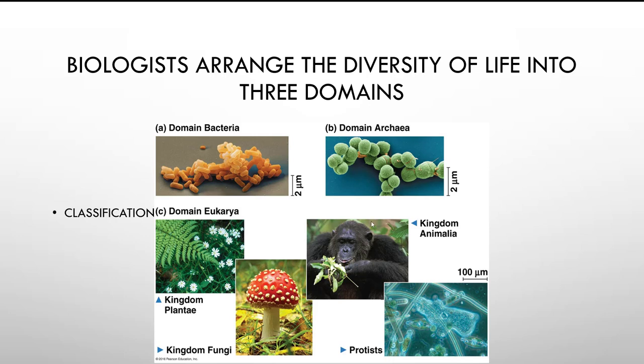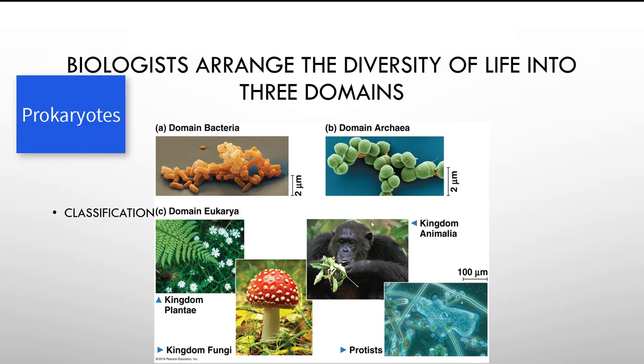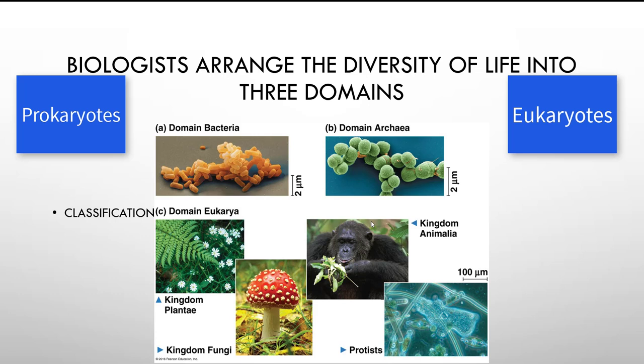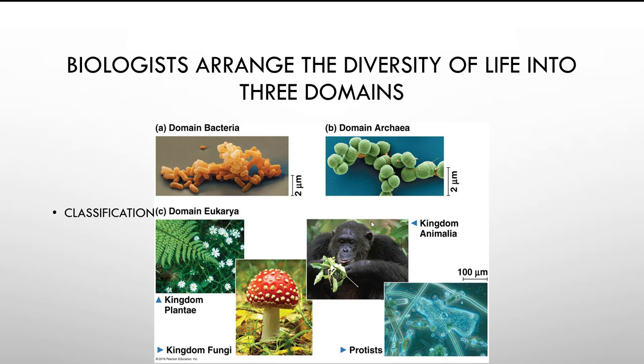So I already told you that we can take all living cells and divide them into two categories, prokaryotes or eukaryotes. We can also arrange them into 3 domains. So we have 3 domains of life. That's our classification. So the prokaryotes, they actually have 2 of the domains.